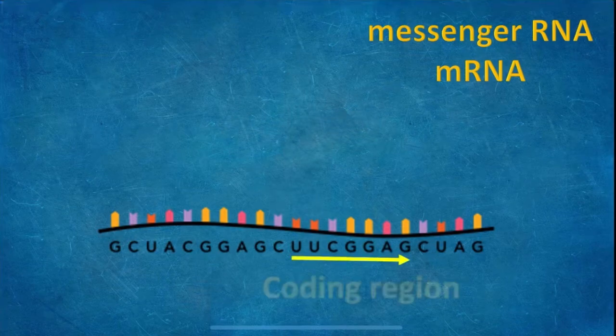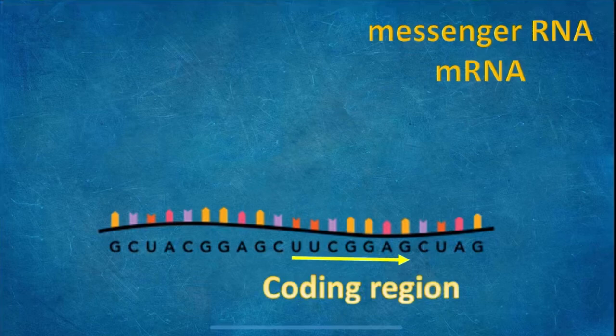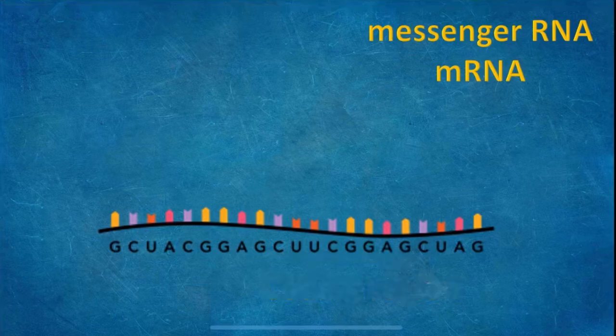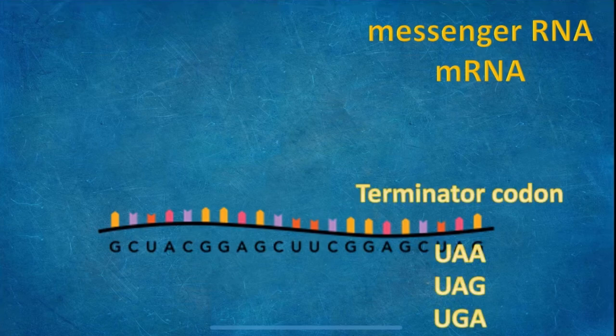When it begins, there is another sequence which follows in parallel. It is known as the coding region, which is the simple protein synthesis unit. Then at the end portion is the terminator codon, which may be UAA, UAG or UGA. Any of these can be present at the end of the mRNA, which leads to termination of the translation, that is the protein synthesis.